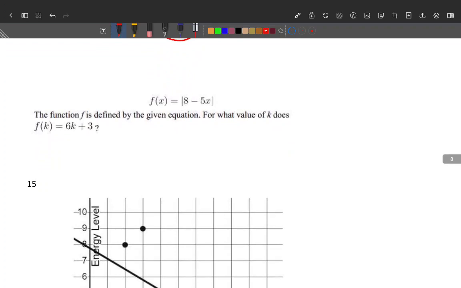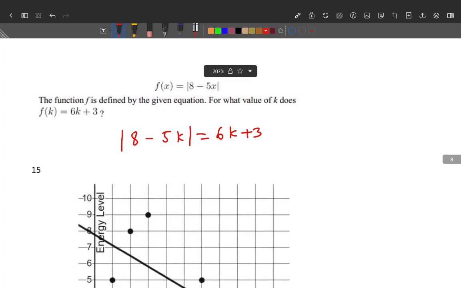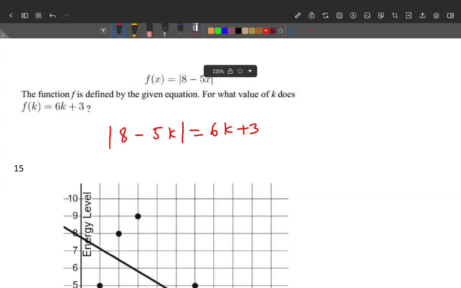Answer is 174. The function f is defined by the given equation. For what value of k does the equation hold? Okay, f of k, 8 negative 5k is equal to this one. Firstly, it should be greater than or equal to 0, yes.